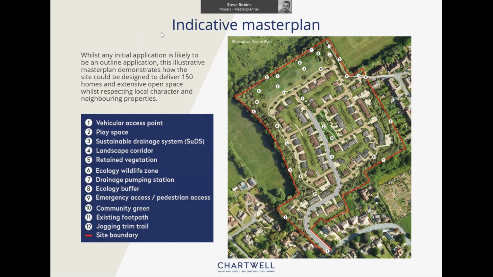So again, I just must emphasize, this is an outline planning application. We're not getting into the detailed layout of the internals of the site or what it looks like architecturally. It's more about the principles, so access and the amount and development coverage. So looking at the site, our design strategies include respecting the local character of Warlingham, which is terribly important. It needs to fit in with its surrounding context.